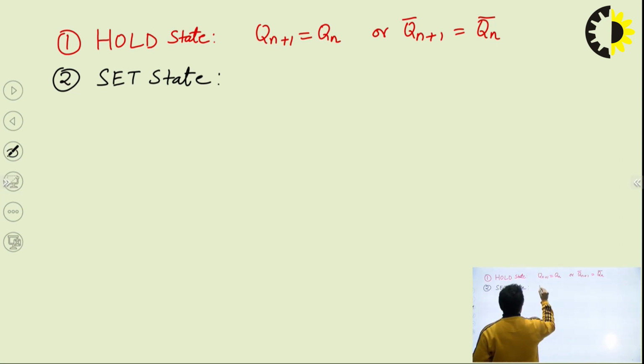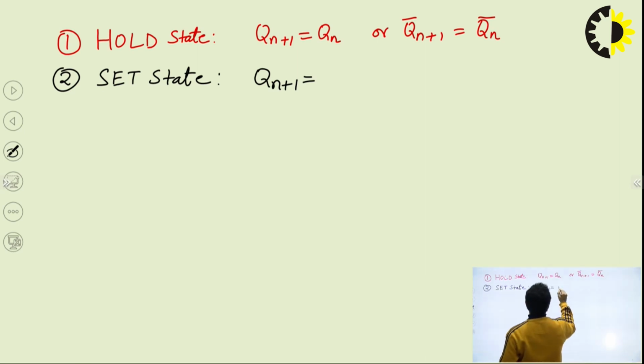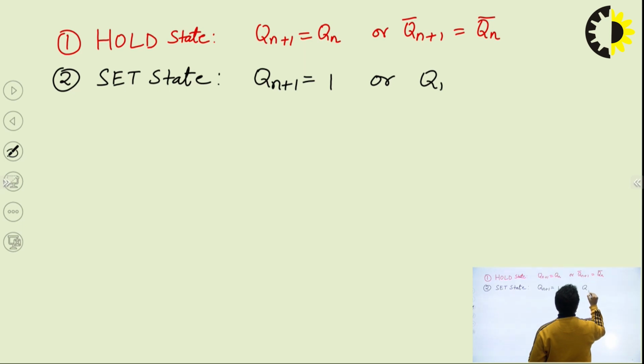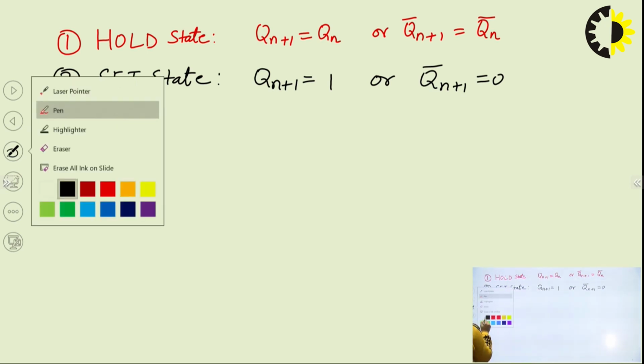So if I am concentrating on the present normal output, that value should be 1. Then I will say that my flip-flop or my latch is in the set state. So if Qn plus 1 is 1, its complement will be 0, or Qn plus 1 complement equals 0. This is another possible state for the latch.